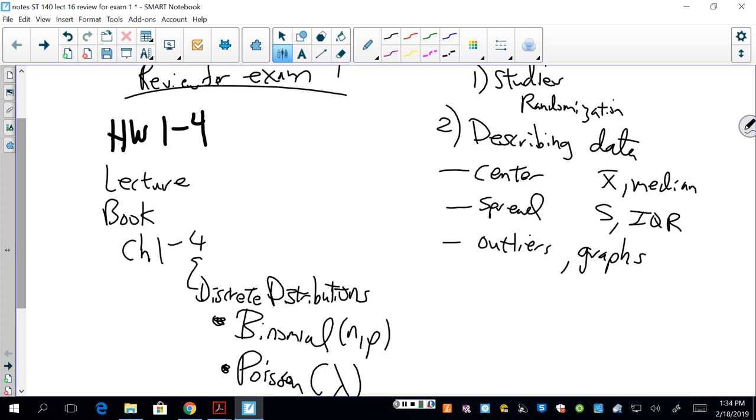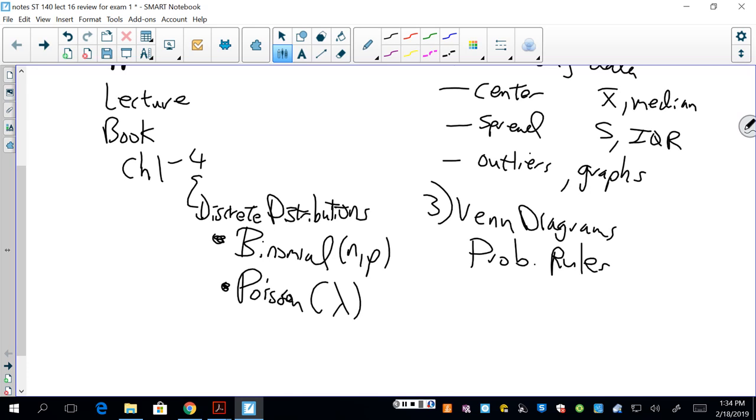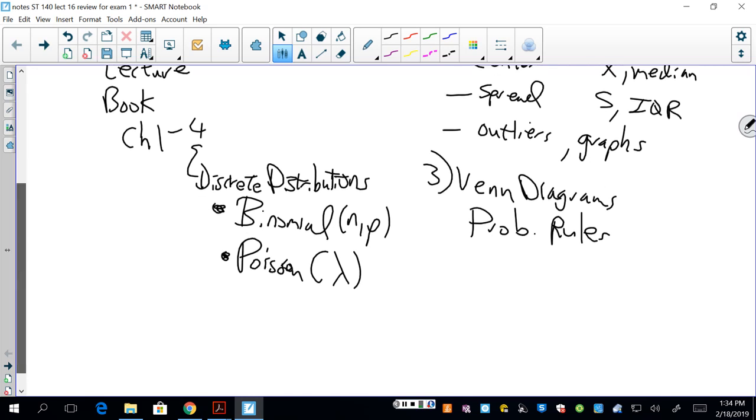We're just going over some of the things that would be on the exam. Besides that, we looked at some probability rules, mostly with Venn diagrams.